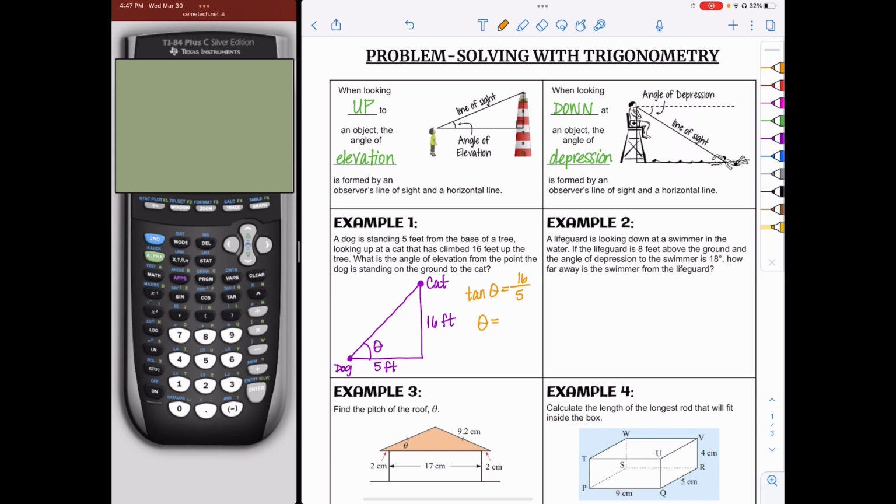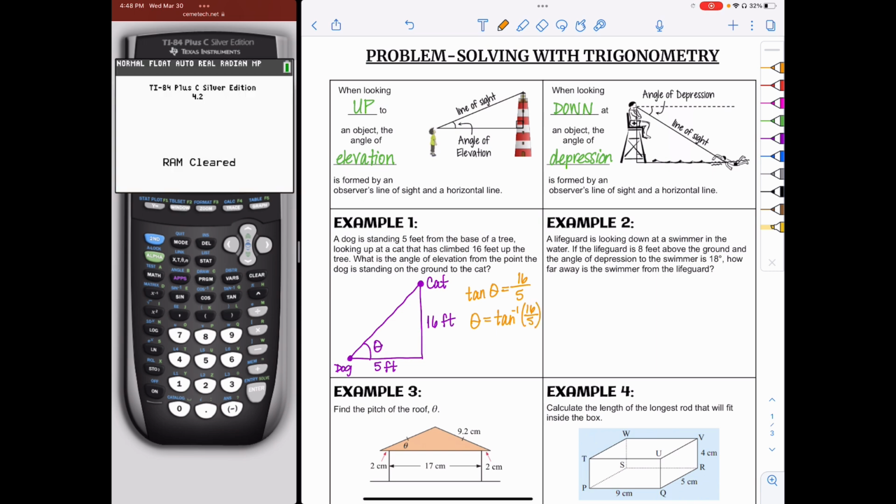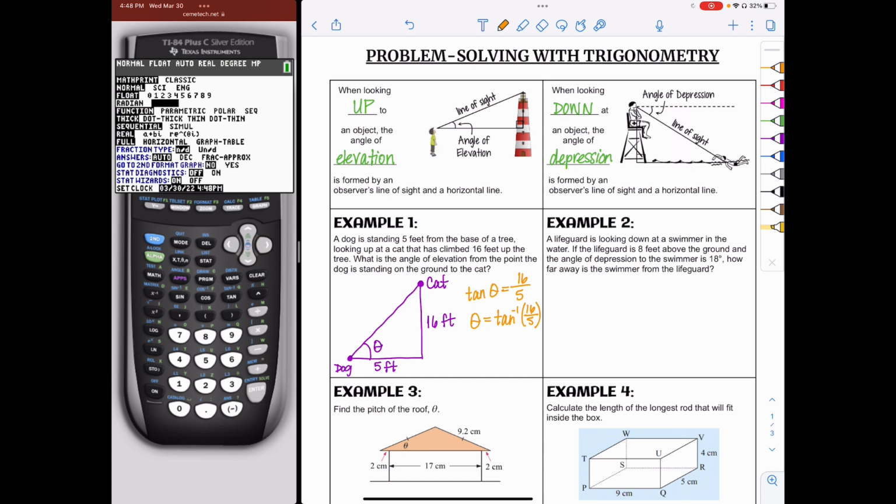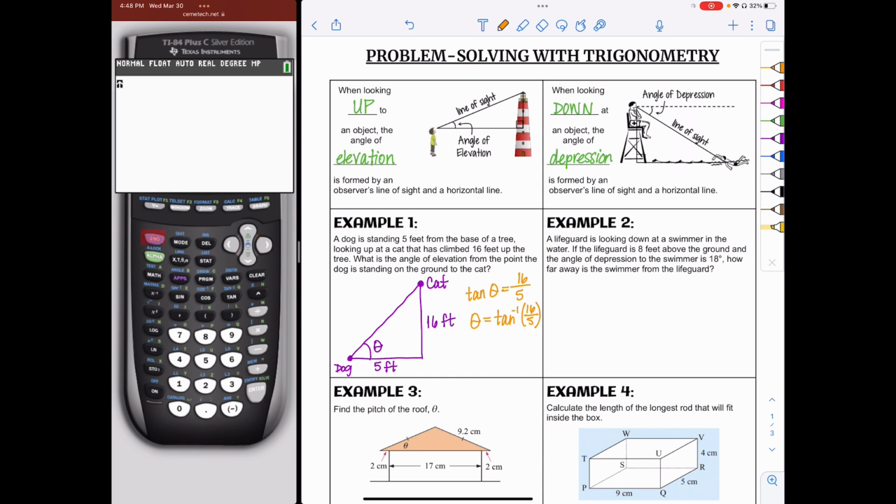So theta is going to be equal to the tangent inverse of 16 over 5. If we put it in our calculator, please make sure your calculator is in degree mode. If we do the tangent inverse of 16 over 5, we will end up getting that the angle of elevation is approximately 72.6 degrees.